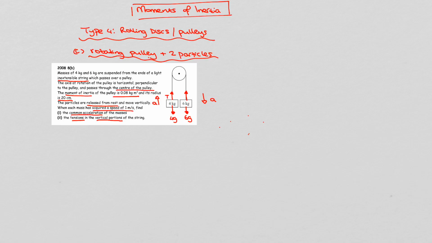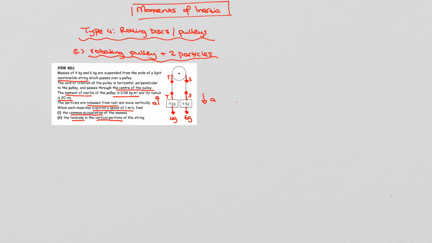I'm going to say T and S, and as I said, you can call them T1 and T2, whatever you prefer. And if we look at the pulley itself, tension always acts away from the object, so the tension on the pulley is acting away from the pulley itself.